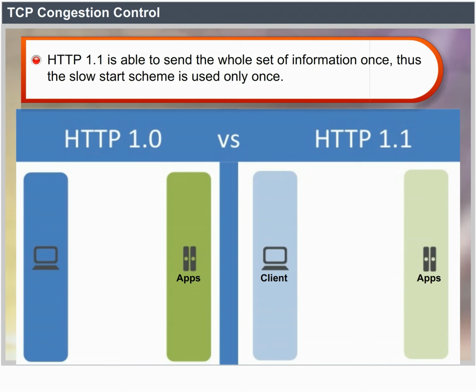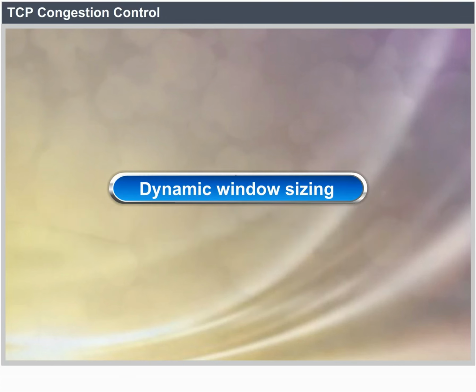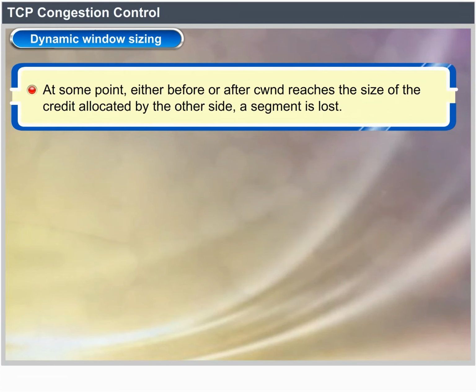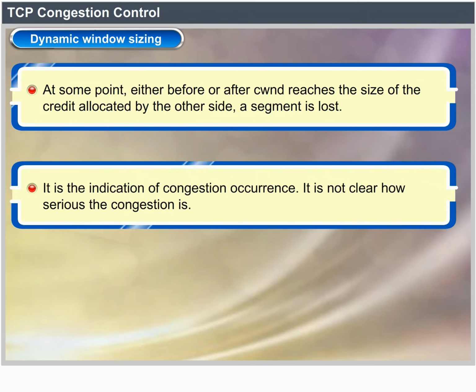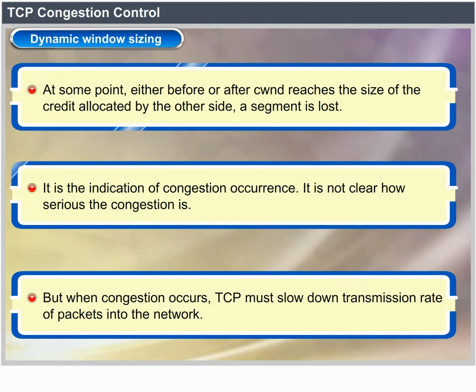Dynamic window sizing. At some point, either before or after CWND reaches the size of the credit allocated by the other side, a segment is lost. This signals that congestion is occurring. It is not clear how serious the congestion is. But when congestion occurs, TCP must slow down the transmission rate of packets into the network.